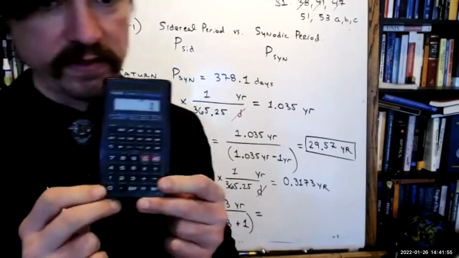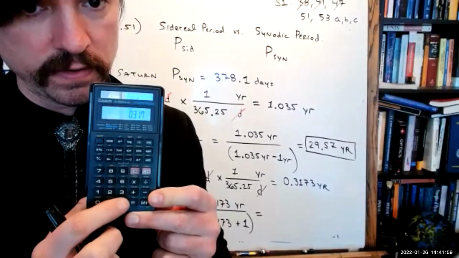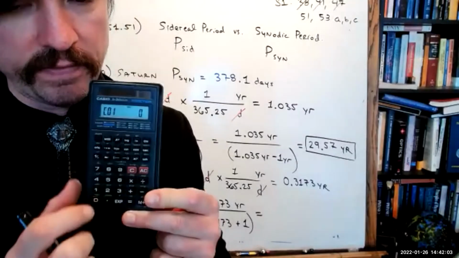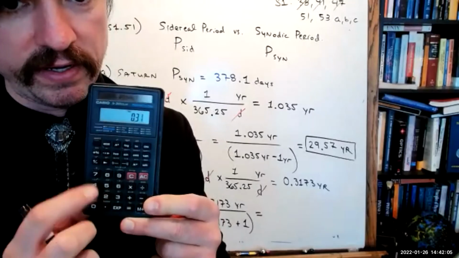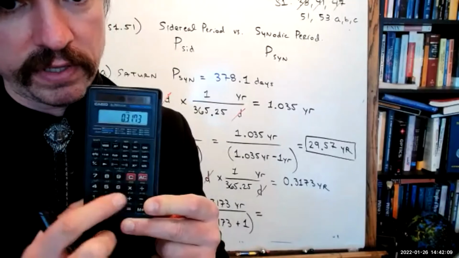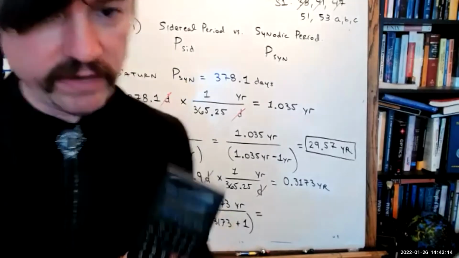Use your parenthesis keys. Divided by, open parenthesis, 0.3173 plus 1, close parentheses, and then equals.